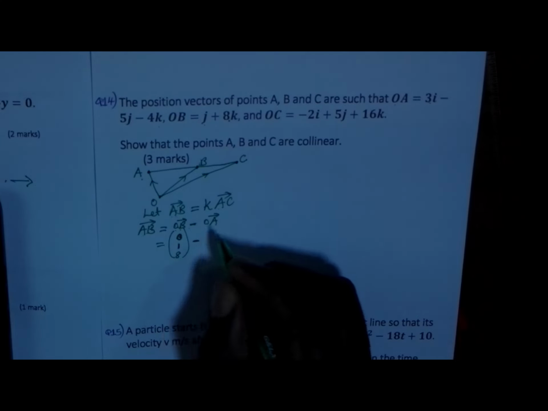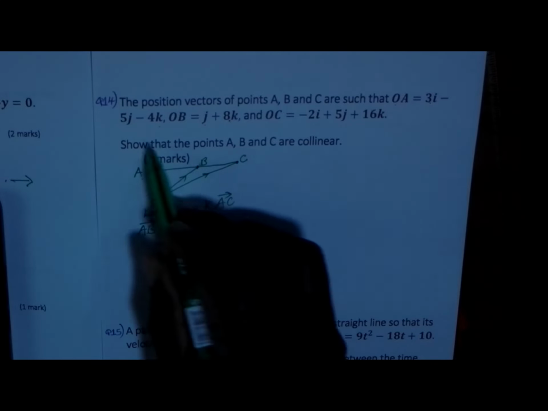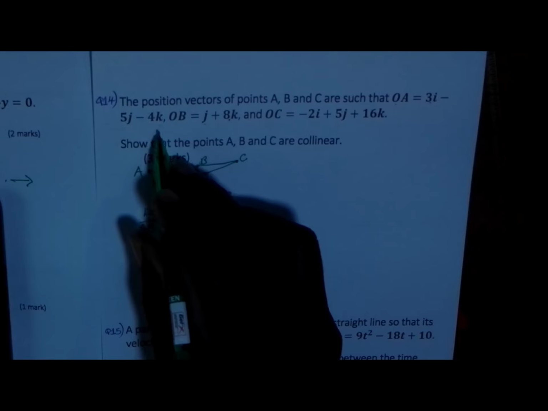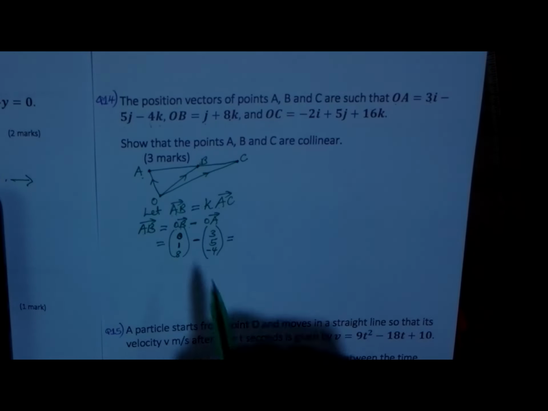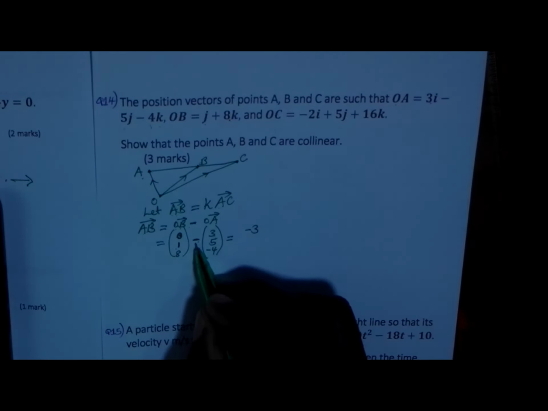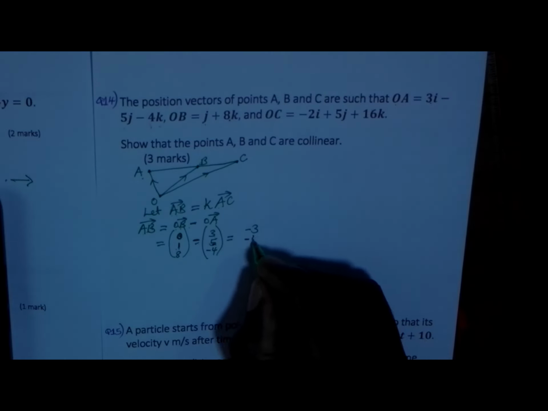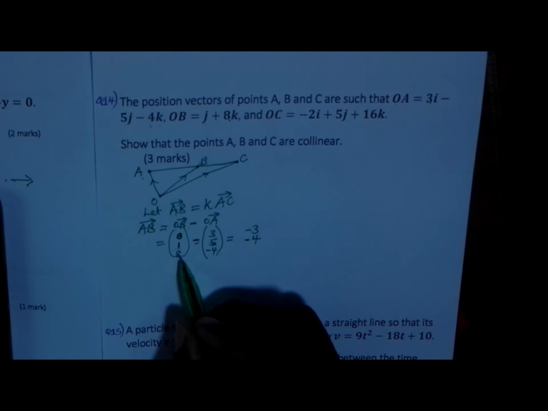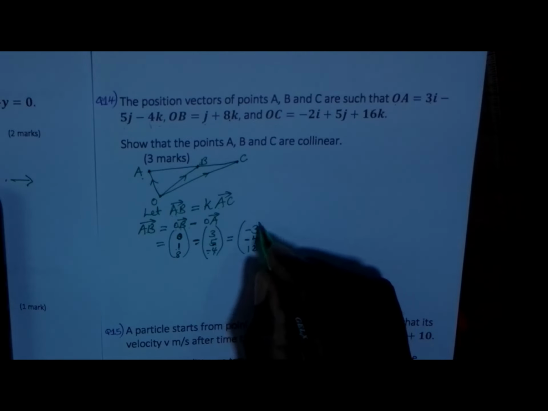Then minus OA, i is 3, j is 5, and k is minus 4, that's the coefficient. This is equal to 0 minus 3, we have minus 3, 1 minus 5, minus 4, then 8 minus minus 4, so plus, so you have 12.